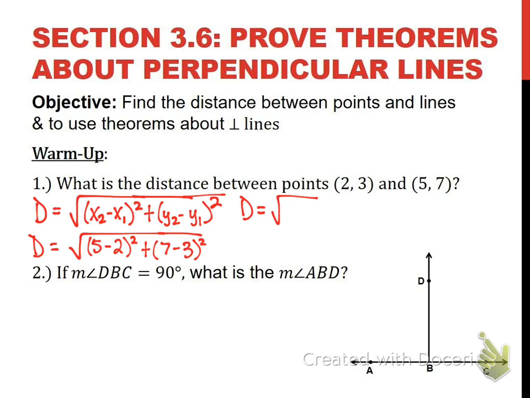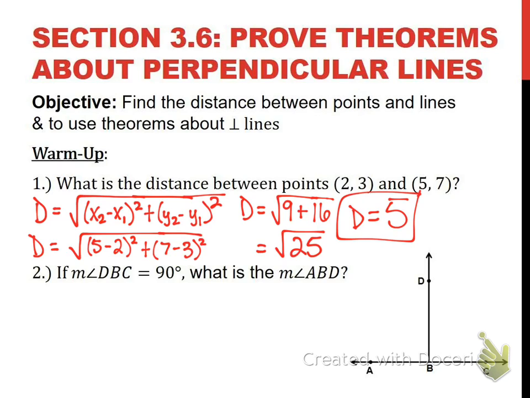What is 5 minus 2? 3, and when we square it, we get 9 plus, what is 7 minus 3? Square it. Add those together. 25. The square root of 25 is 5. So that one comes out nice. We have a distance of 5.